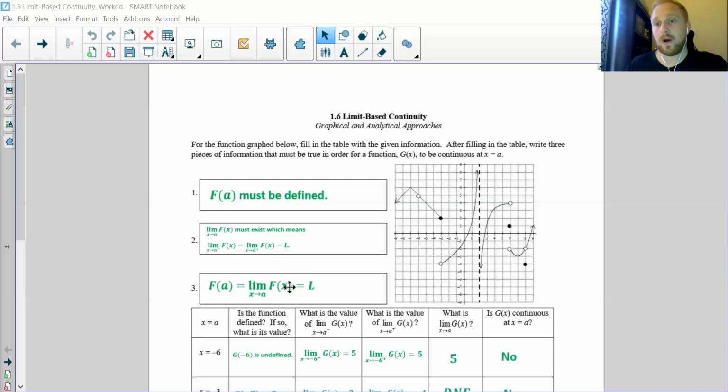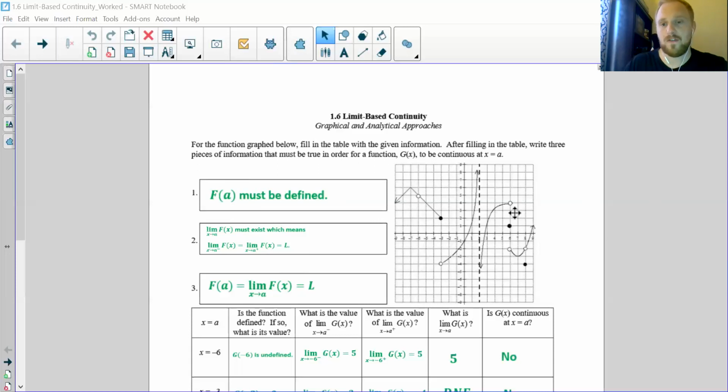The final requirement is that f of a must equal the limit. The limit may exist at x equaling -6, but f of -6 isn't defined. On top of it, it's not the same value as where the limit is.